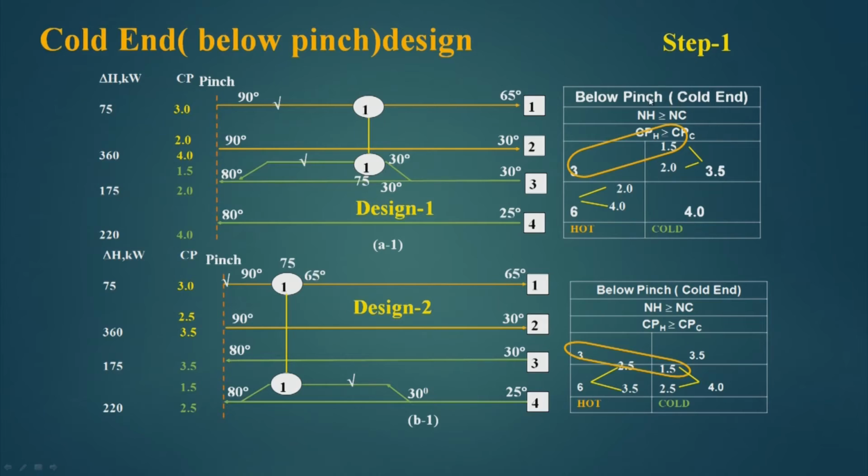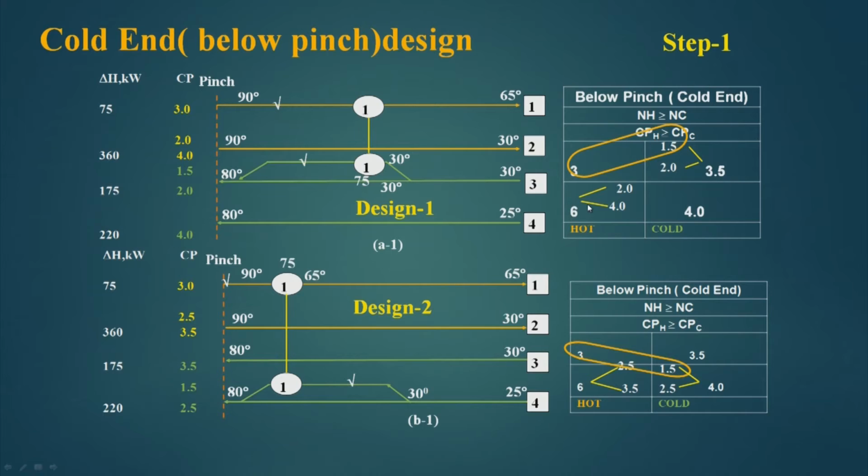Now, first we see the number of streams rule. Ns should be greater or equal to Nc. Here there are 2 hot streams and 2 cold streams, so this rule is perfectly valid. Now, Cph should be greater than Cpc.